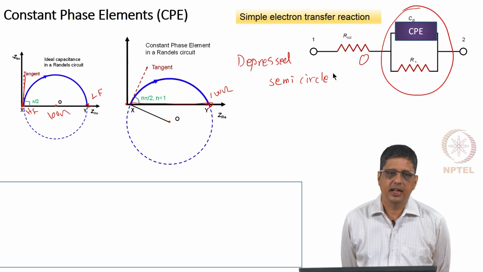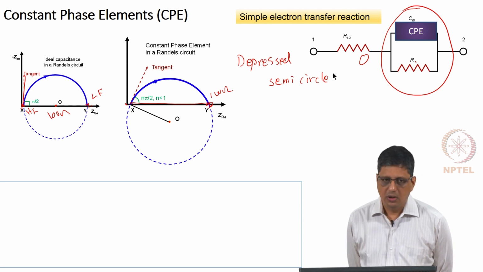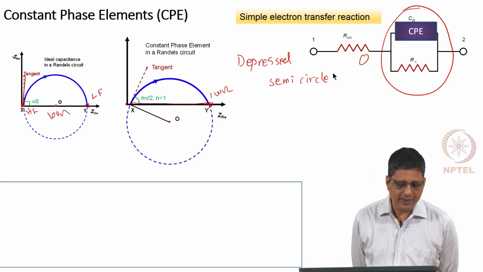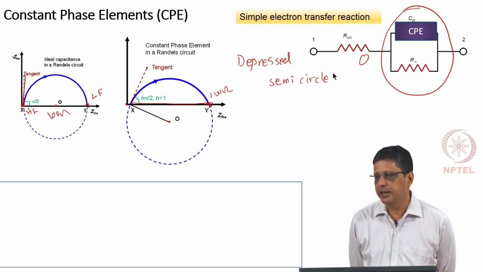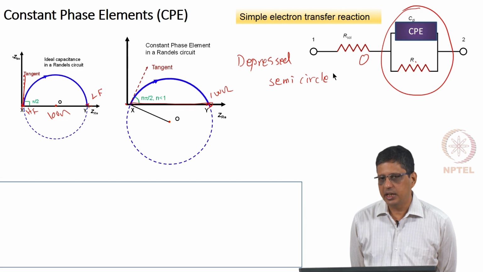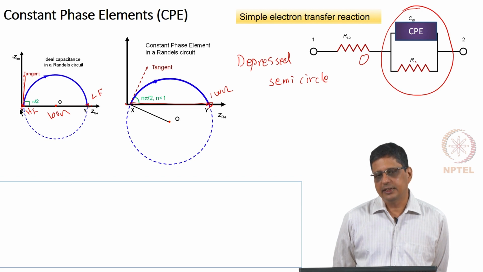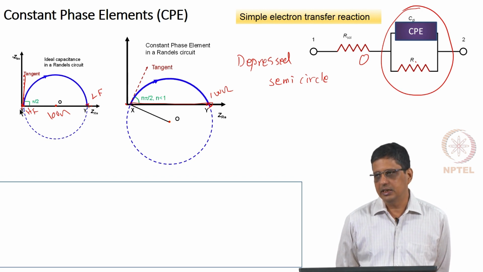So, we would write it as n pi by 2, n less than 1. So, the circle radius is not the same as what it was before. Previously, the circle diameter was RT, now the circle diameter is not RT, it is larger than that. So, this is still a fraction or a part of a circle, but it is not really half a circle, it is less than that.